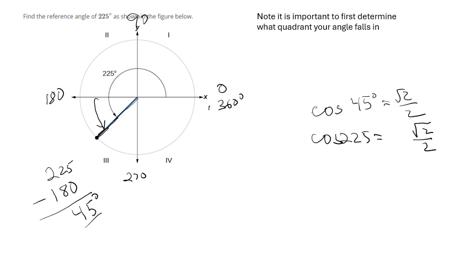Cosine is related to x, right? We didn't say cosine was x. Cosine is related to it. So I know that cosine of 225 degrees is a negative square root of 2 over 2 because I memorized the first quadrant. Moving on.